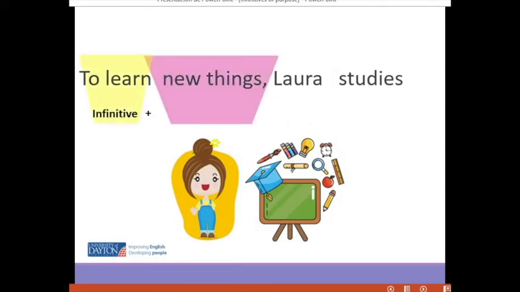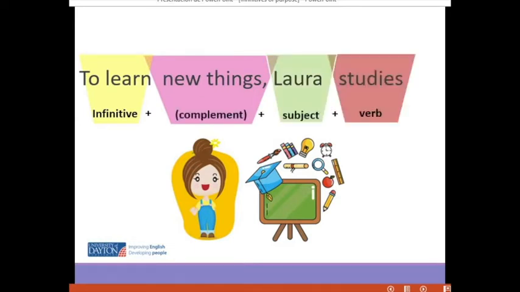Did you see? Now, it's the opposite. First, we begin with infinitive, to learn new things. Laura studies. So it's optional.